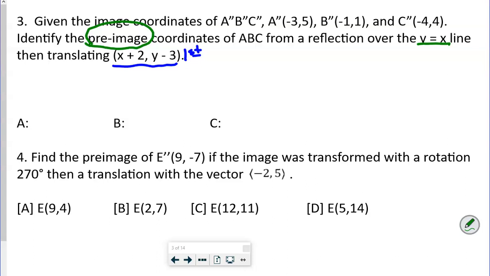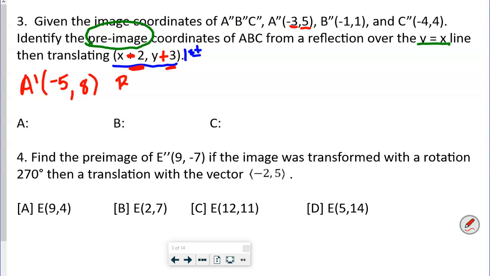So the other thing that you guys need to notice is we need to do the opposite of what's there when we have a translation. We're going to do the opposite. So we're going to actually do x minus 2 and y plus 3. So we're going to create an A prime. We're going to do negative 3 minus 2, so that would be negative 5. Then we're going to do 5 plus 3, so that's going to be 8.